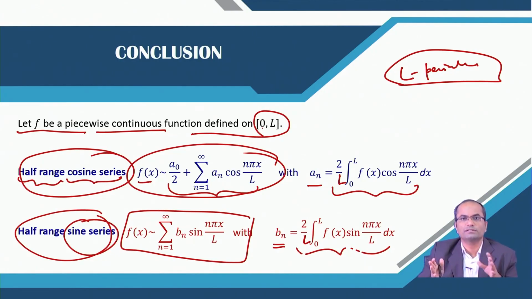This is based on the odd and even extension, to have the desired Fourier series either in terms of sine functions or in terms of cosine functions.